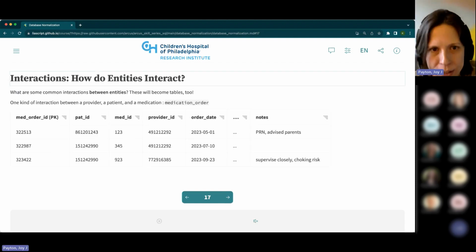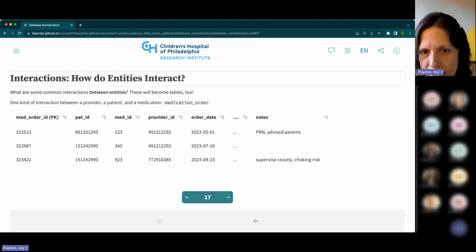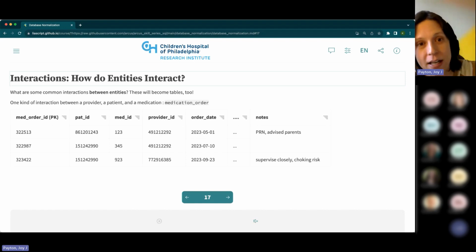And then we have interactions. So I said I wouldn't include insurance information in a patient table, but we do need to know about insurance, right? We need to know who's insuring whom at what point so that we can get paid. And that's talking about interactions between entities. So between payors and patients, there are interactions where this payor is responsible for this patient for this time period, right? And there are other interactions. The one that I have on the screen is medication order.